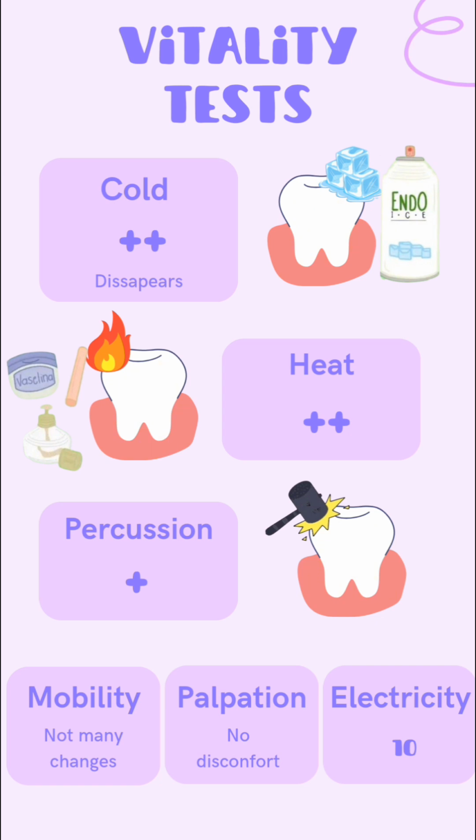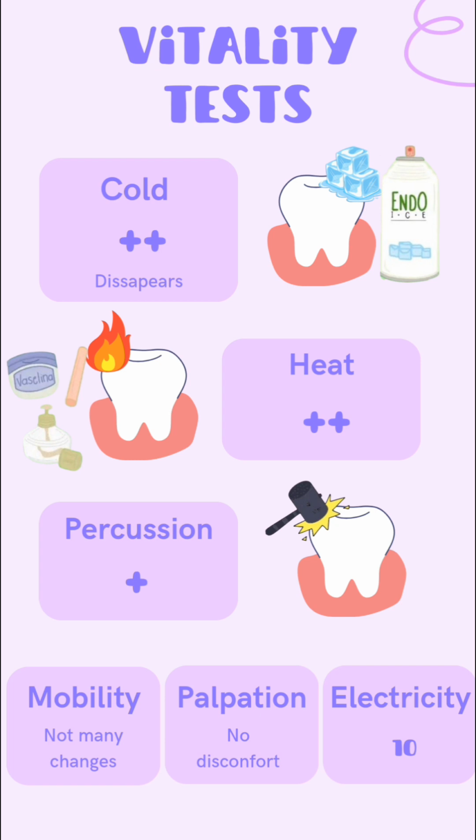In the heat test, by placing a hot instrument on the tooth, the response will also be moderately painful with a slow cessation. In the vertical percussion test, it could be slightly sensitive or not feel anything.